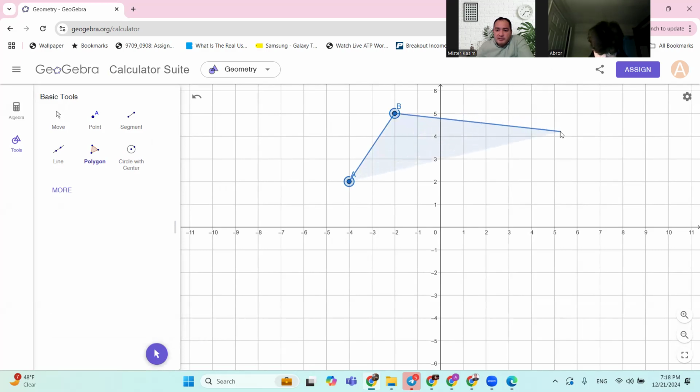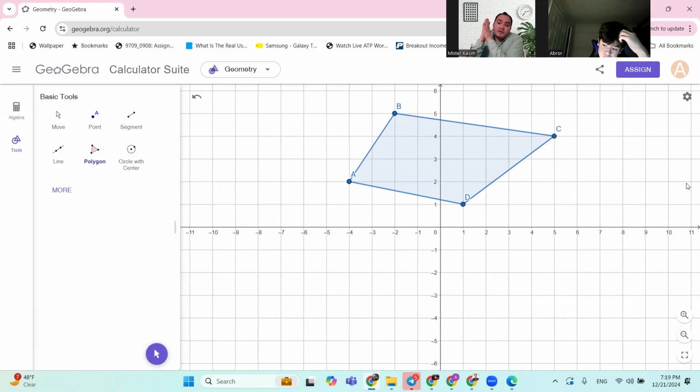Another point is here, and another point is here. Let me ask you a question like this. First, graph and draw your polygon. Second, reflect this over the x-axis and write the coordinates of the image of this figure under reflection over the x-axis.